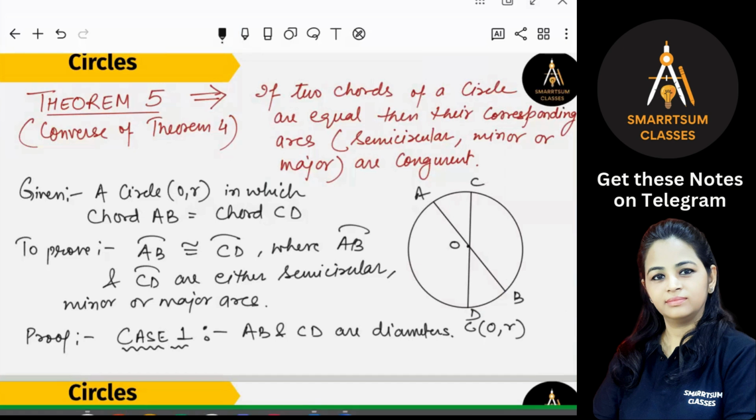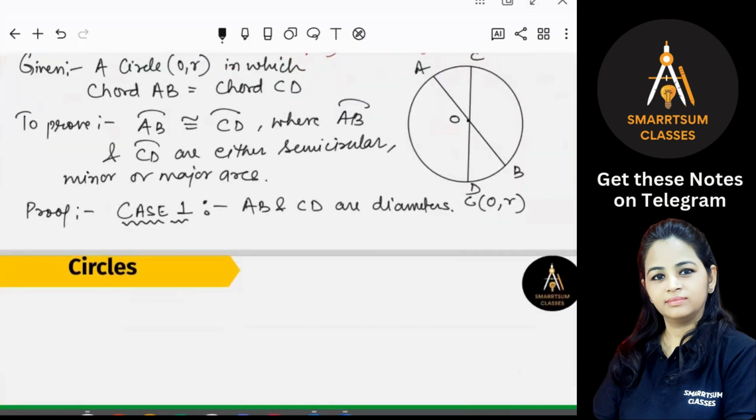So what is case 1? When these arcs are the semicircular arcs, meaning chords AB and CD are diameters of the circle. This is the first case. Now, in this case, AB and CD arcs are semicircles.